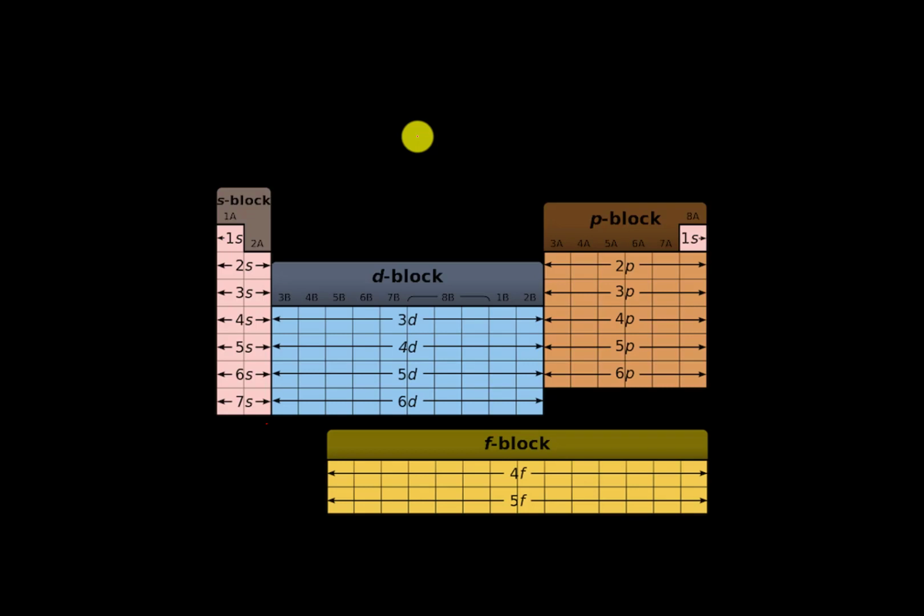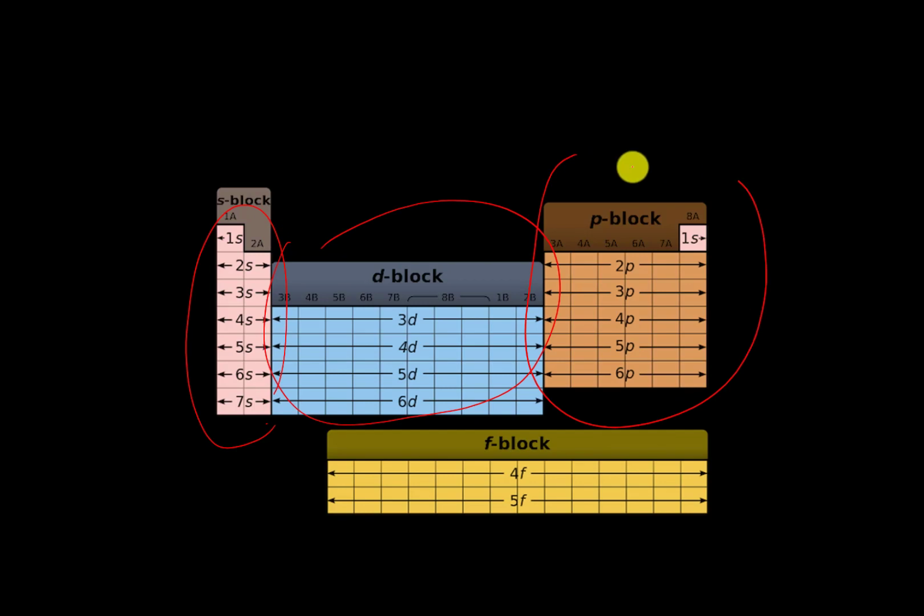Now, I mentioned that the better way to do this, even though that diagonal rule seems so simple, is that you're going to find it's actually more helpful to just be looking at a periodic table. All you do is divide up the periodic table into an S block over here, a D block right in the middle, a P block over here on the right, and finally an F block down here.